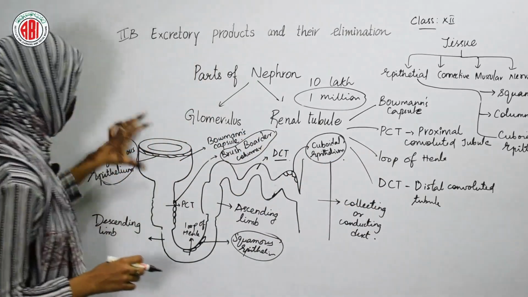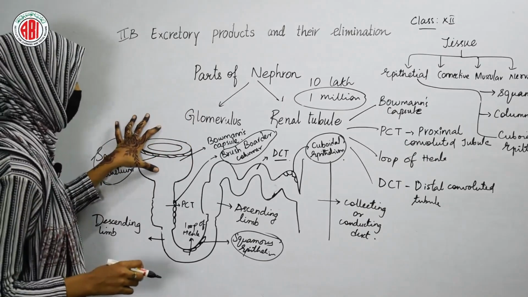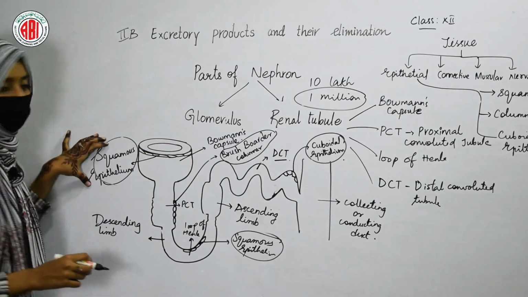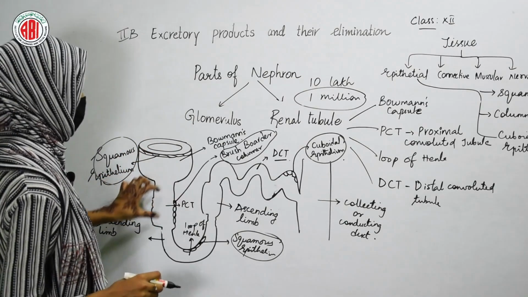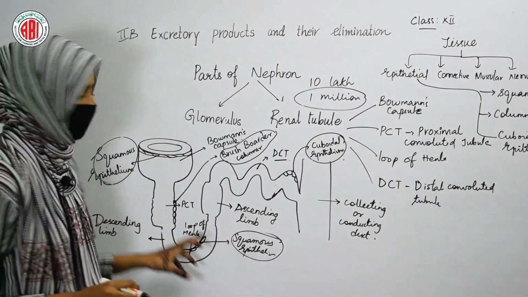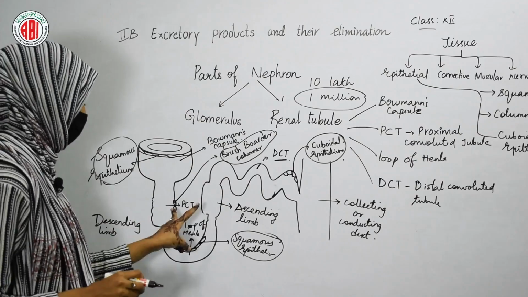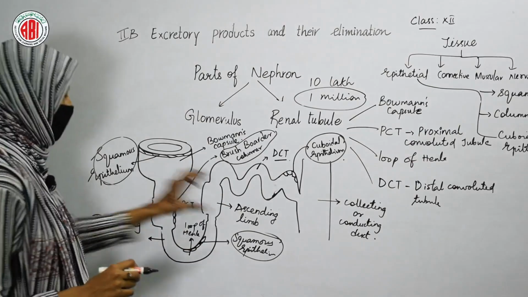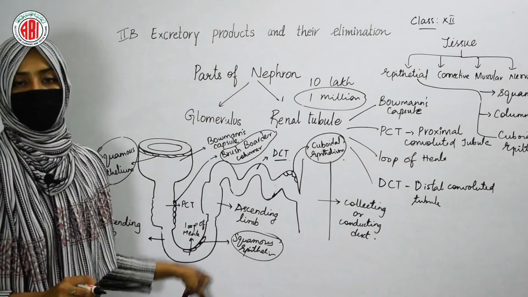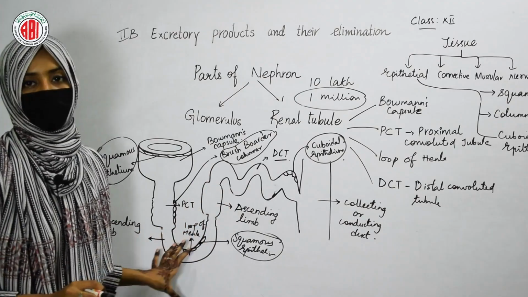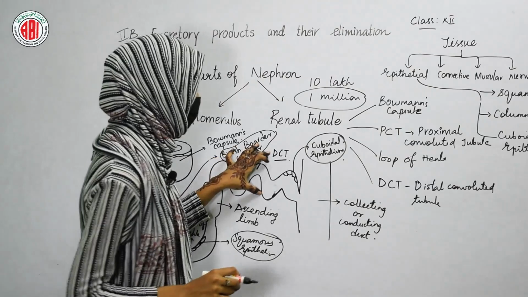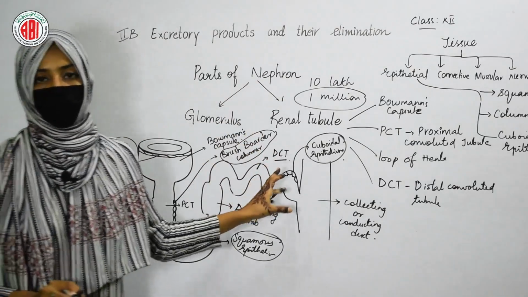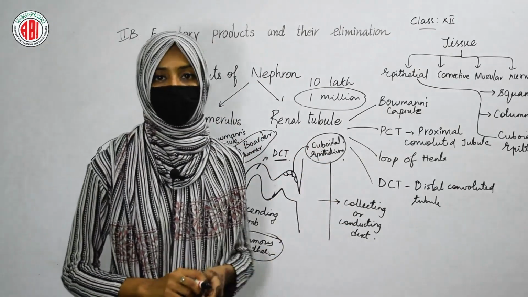This Bowman's capsule is a cup-like structure which is lined by squamous epithelial cells, and this opens into a PCT which shows the presence of columnar cells. Loop of Henle shows you the two limbs: one is the descending limb and the other one is the ascending limb. The whole loop of Henle shows the presence of squamous epithelial cells, and DCT is a distal convoluted tubule which is made up of cuboidal epithelial cells.